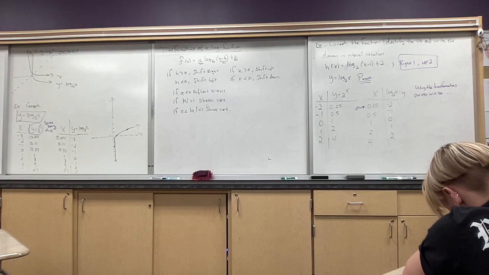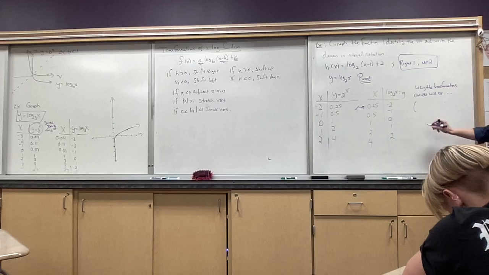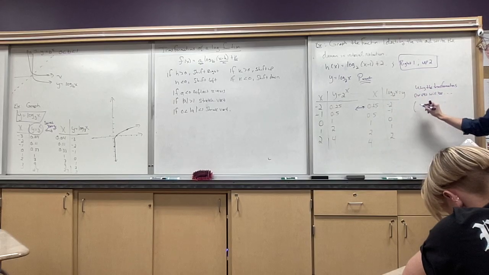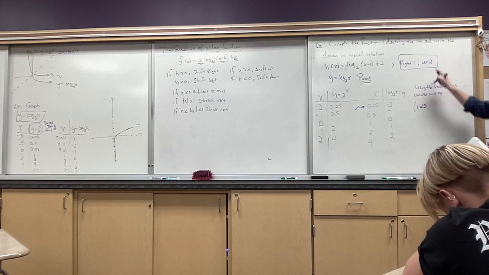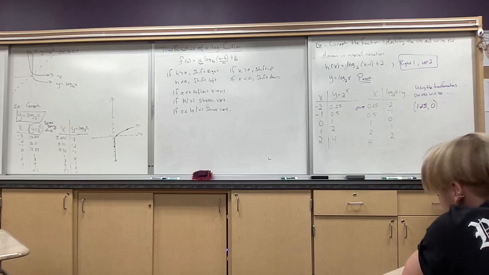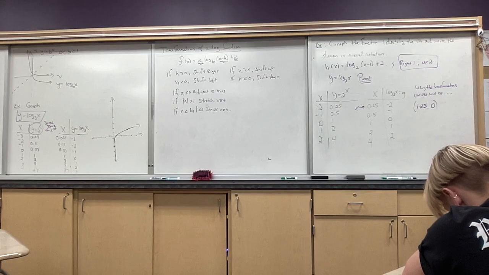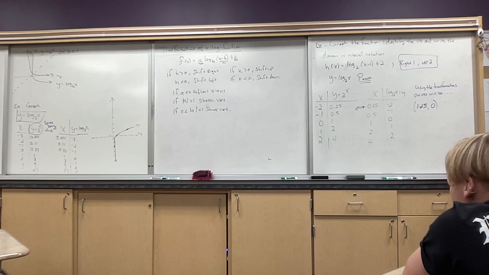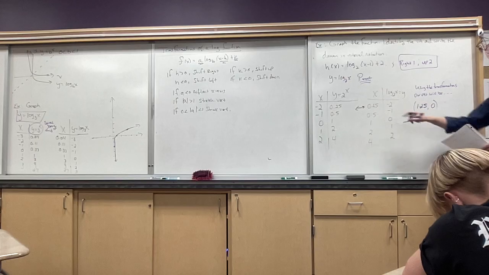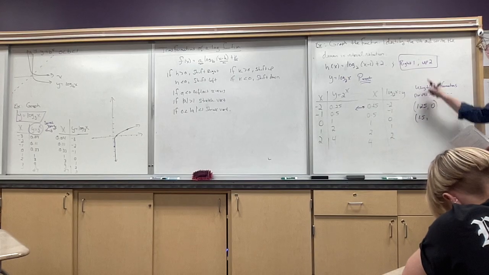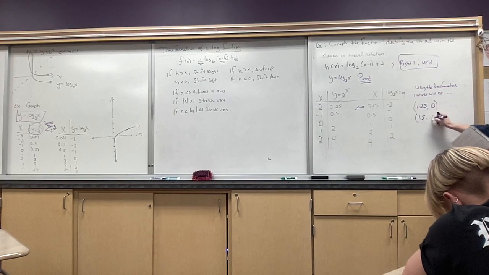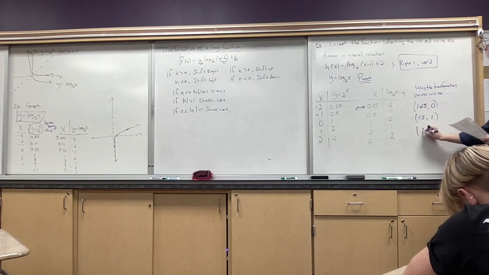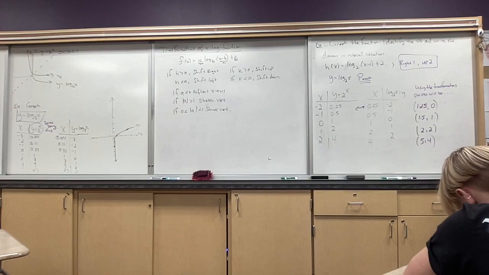So this is going to be 1.25, and I'm going to add 2 to this, so 0. Okay, so that's where it's going to hit the x-axis. My next point, I'm going to add 1 to this, so it'll be 1.5, add 2 to this, so that's going to be a 1. And then we just continue with the rest of it. So 2, 2, and 5, 4. So those are going to be my points to graph.